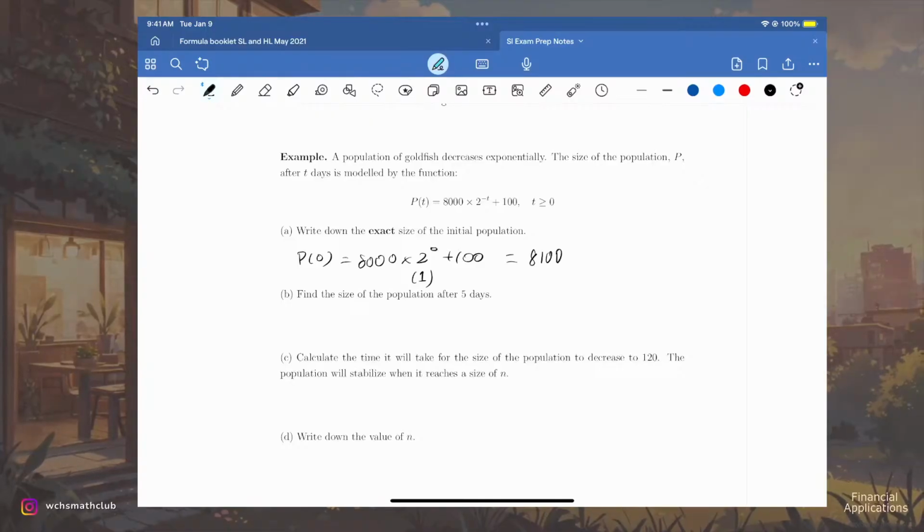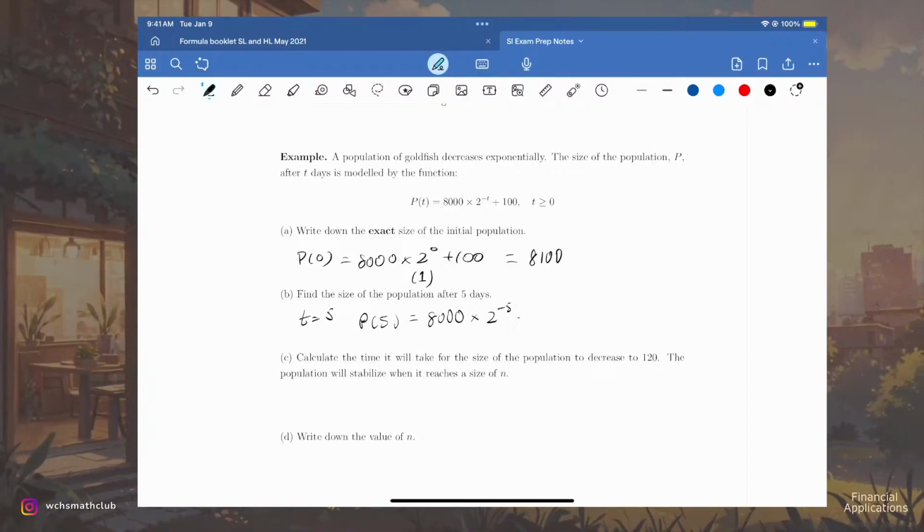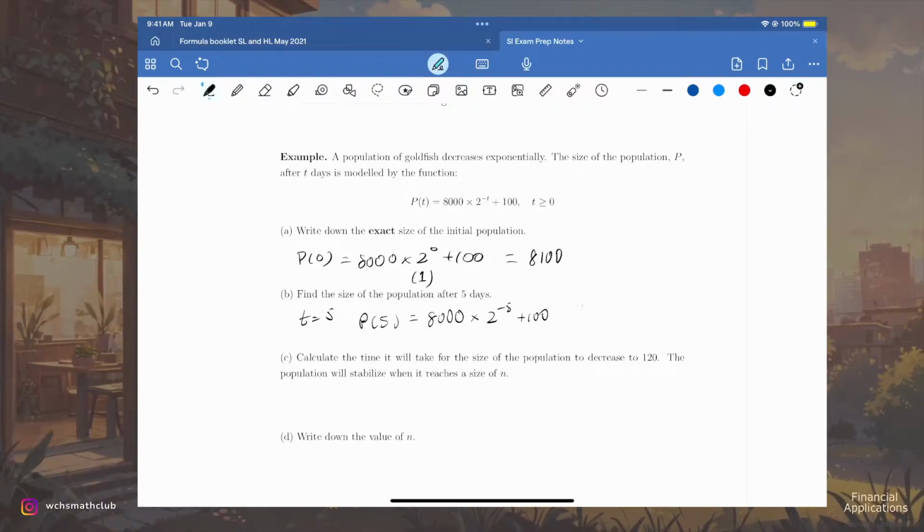And for B, if you're trying to find the size of the population after 5 days, you just replace t with 5. So P(5) is equal to 8,000 times 2^(-5) plus 100, which is just 350.